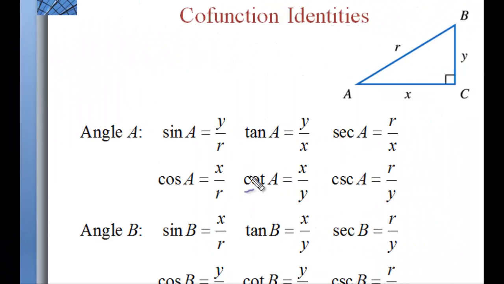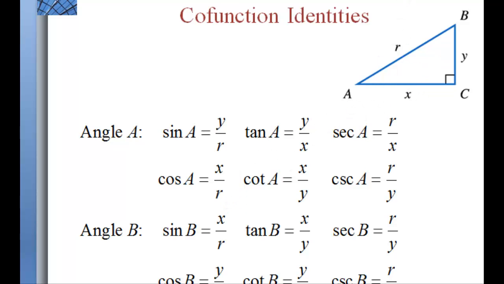Let's take a look at some co-functions. Let's look at angle A here. So the sine of A is the opposite over the hypotenuse, which is y over r. The cosine is the adjacent over the hypotenuse, which is x over r.